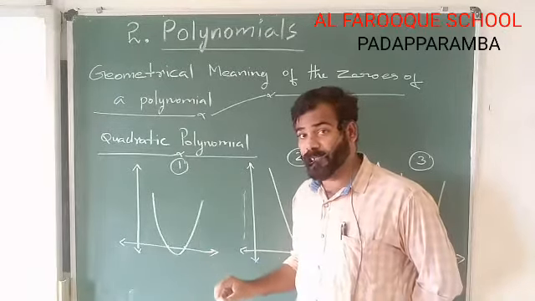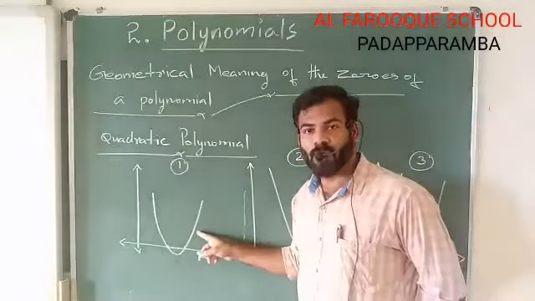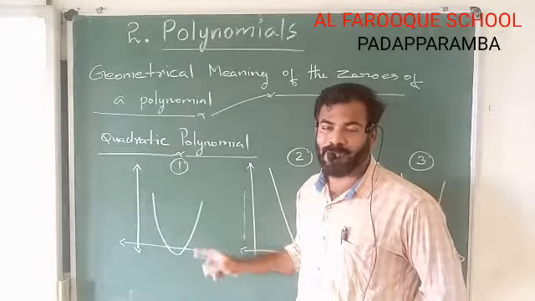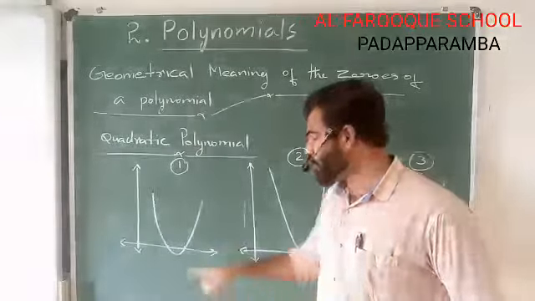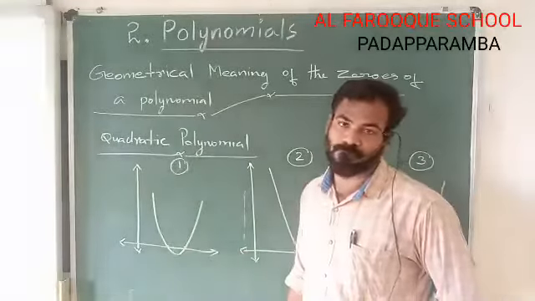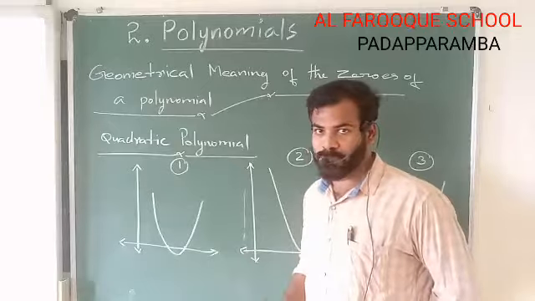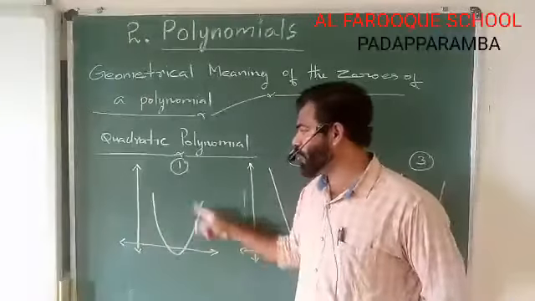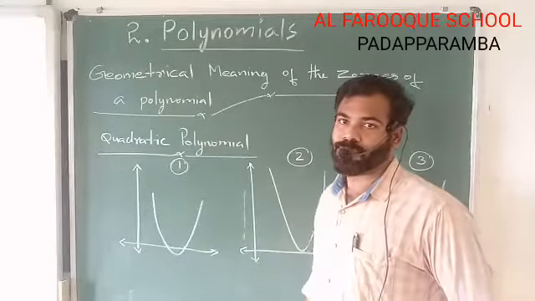So here we can say that this type of quadratic polynomial has two zeros. Why? Here we can see that there are two intersecting points, so two x values. So we can say that this graph has two zeros.